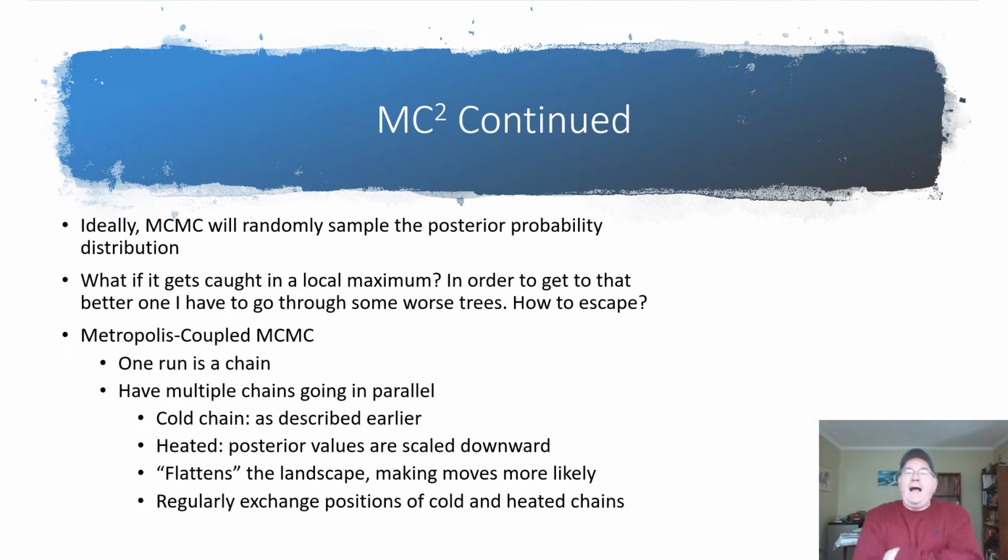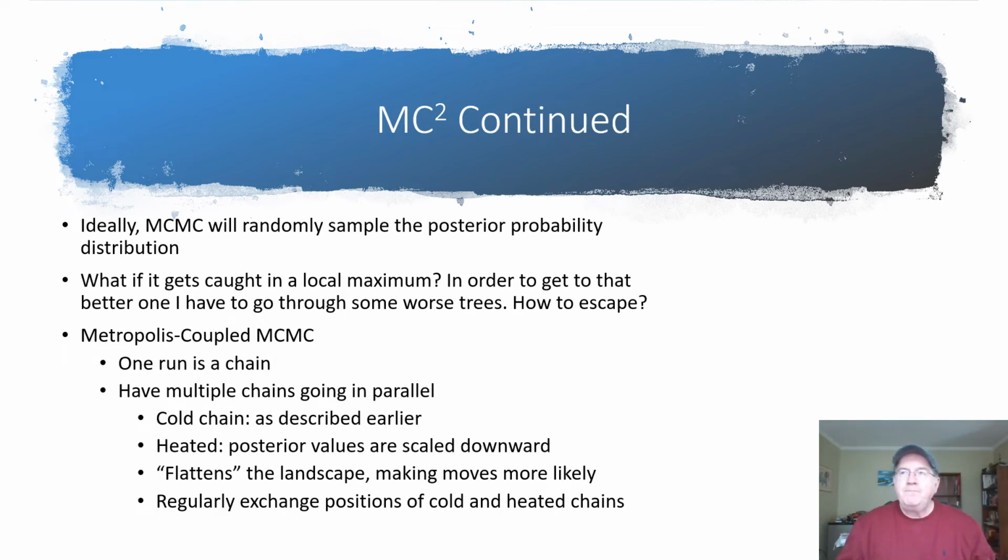So ideally, what we're doing is randomly sampling from the distribution of those posterior probabilities for all of those trees. And focusing in on the likelihood, because posterior probability is going to be proportional to the likelihood. So higher likelihood, prior is the same, higher posterior.